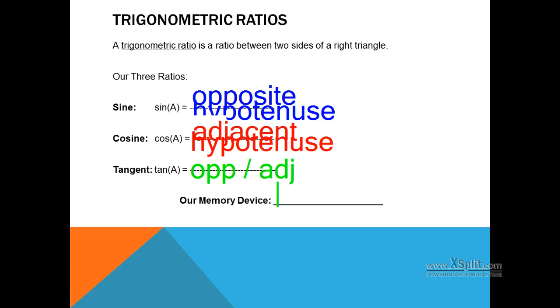The memory device that we use that you're going to see pretty frequently throughout your career here is SOH, then I'll switch over to red, CAH, and switching over to green, TOA. SOHCAHTOA. This stands for sine is going to be opposite divided by hypotenuse, SOH. Cosine is adjacent over hypotenuse, CAH. And tangent is opposite over adjacent, TOA.